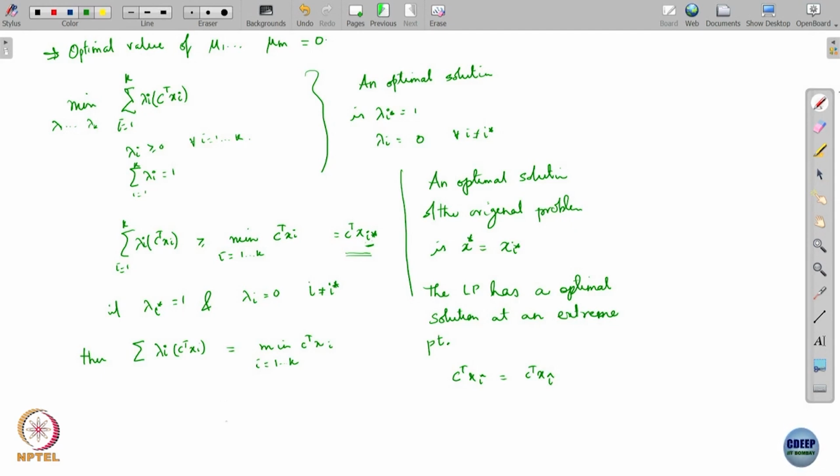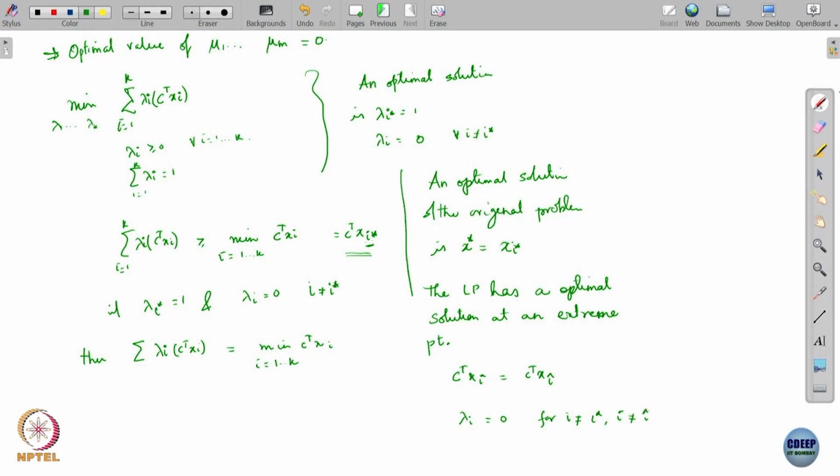In fact, in that case I could have done even more. Instead of putting lambda i hat equal to 1 and everything else as 0, what I could have done is this. I could have constructed a solution like this: lambda i equal to 0 for i not equal to i star and i not equal to i hat.